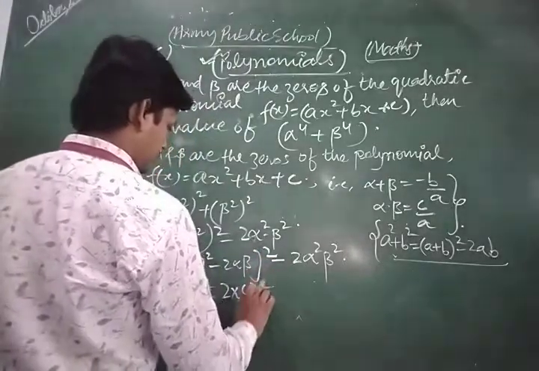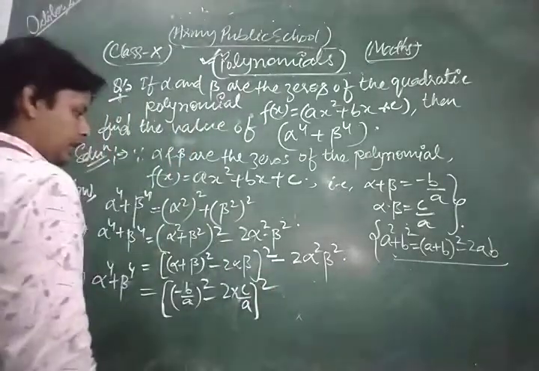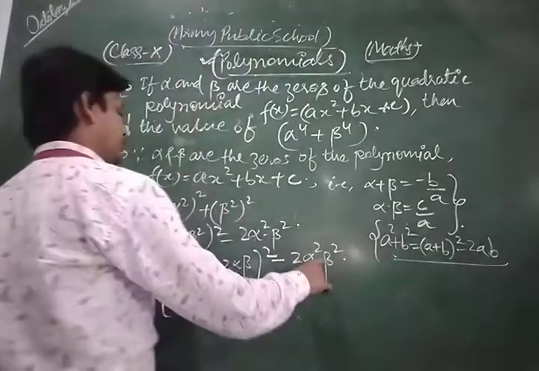This is whole square, this is whole square. Okay, and look, minus 2 into alpha square beta square.